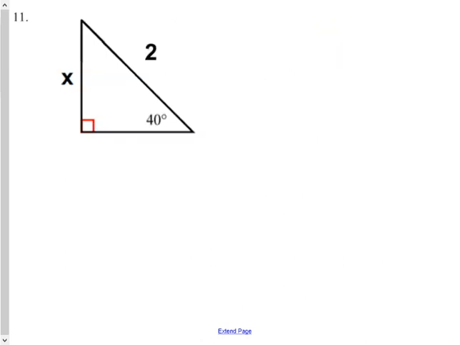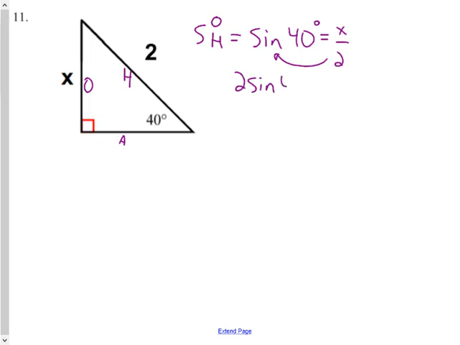One more of these, and then we've got, again, what do we have? We've got opposite and hypotenuse. And this is adjacent, that's missing, so we're using sine. So sine of 40 is x over 2. We need to solve for x, so multiply by 2 on both sides, and then we're ready to go. 2 sine of 40 is x, and we're plugging it into our calculator.